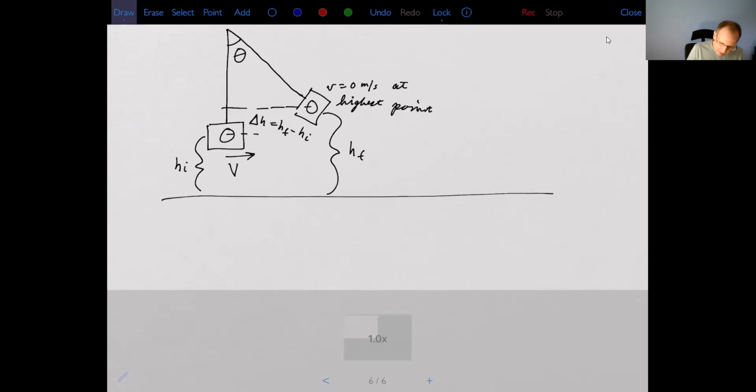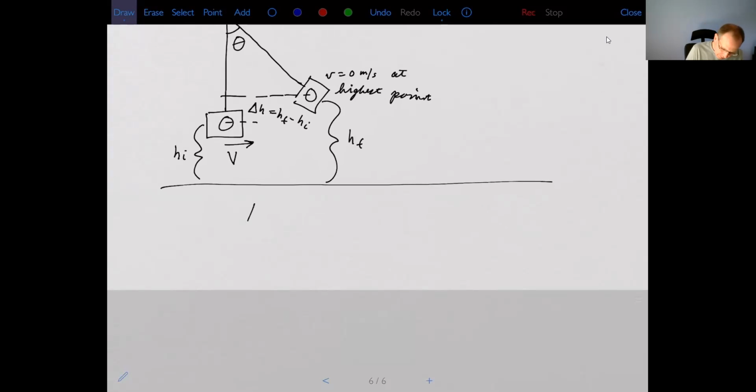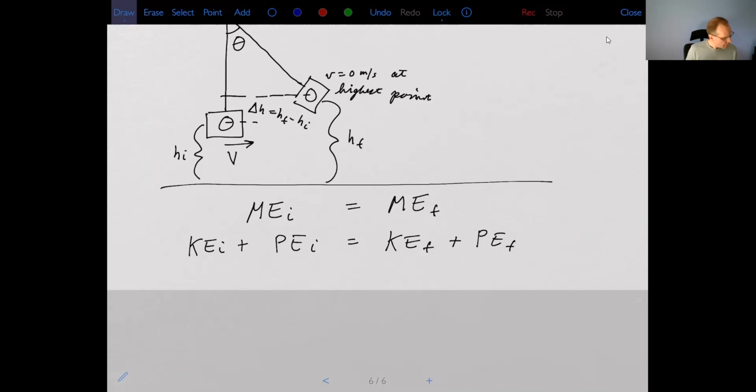So that means the mechanical energy initial, right after the ball embeds itself and it's moving with that velocity v, should equal the mechanical energy final when it's at the ball and pendulum combination at the peak height. But remember, mechanical energy is kinetic energy initial plus potential initial. That's going to equal kinetic energy final plus potential energy final. So what is the initial kinetic energy?